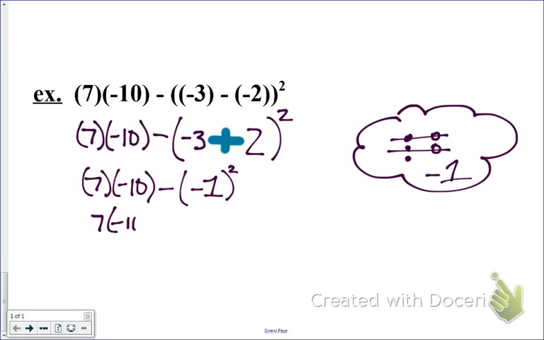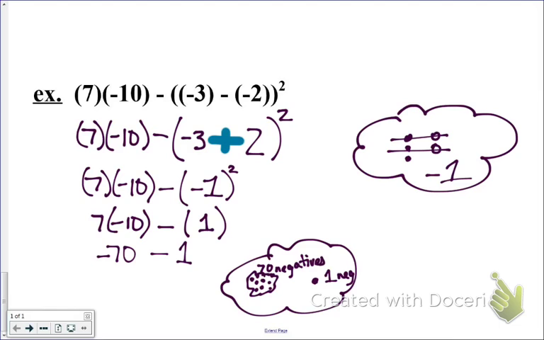So we've got 7 times negative 10 minus negative 1 squared, which is taking negative 1 times negative 1, which is going to be a positive 1. So different signs, negative. We've got negative 70 minus 1. When we combine 70 negatives and 1 negative, we're left with 71 negatives.